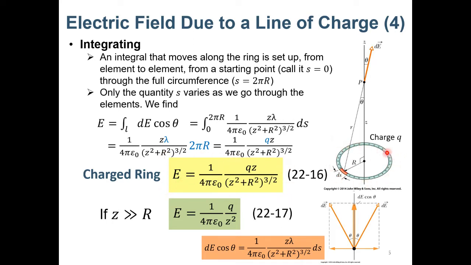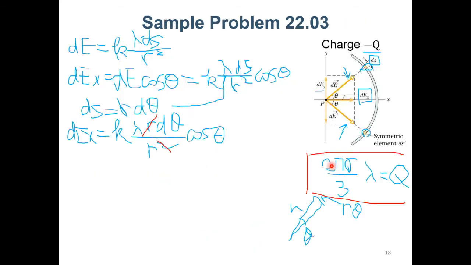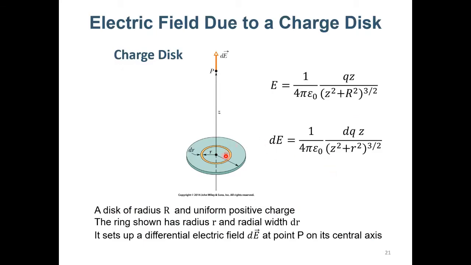As long as we have many charged rings with different radii from 0 to capital R, where capital R is the radius of the disk, and we consider all of them, then you will form a solid disk.